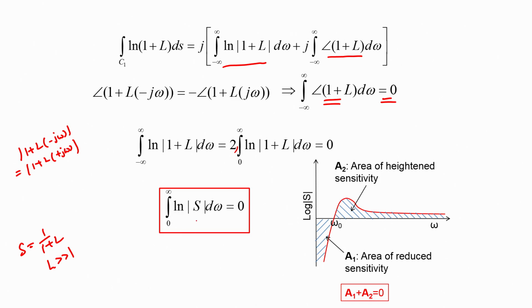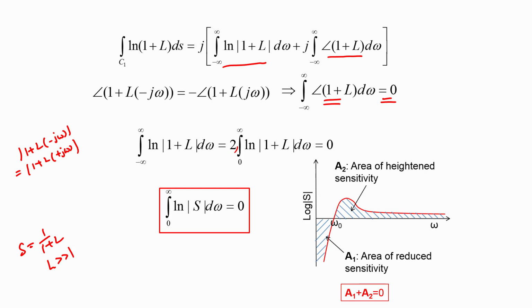This particular integral is also called the law of conservation of sensitivity dirt, because the sensitivity function S is one whose magnitude we desire to be as small as possible, and hence we call the function ln of magnitude of S sensitivity dirt. We want to have as little sensitivity dirt as possible, but what this expression indicates is that sensitivity dirt is conserved.